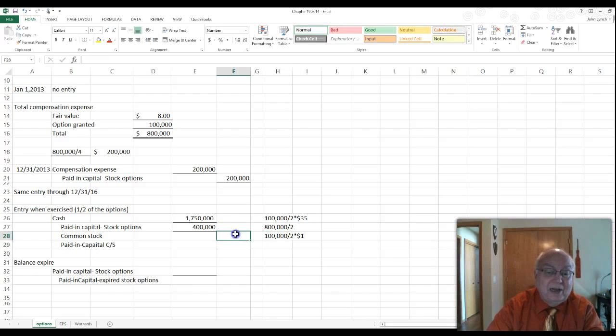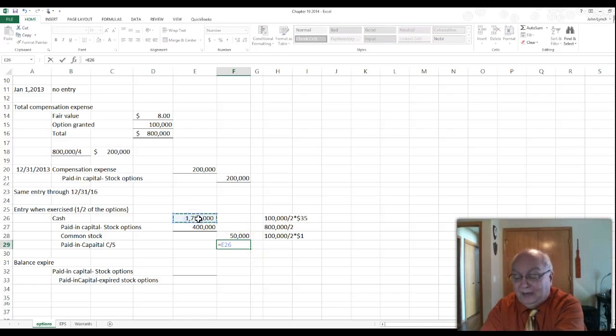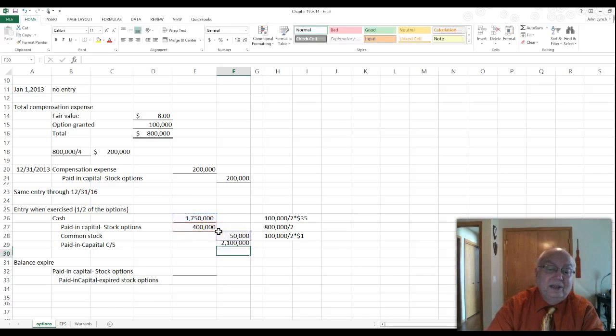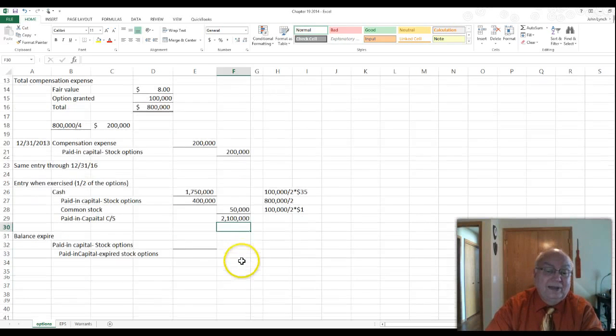Remember, you always record common stock at par value. So it's equal to 100,000 divided by 2 times the $1 par value is 50,000. And this one you add is what makes a balance. So you add those two together, subtract the 50,000, and that gives you 2,100,000.